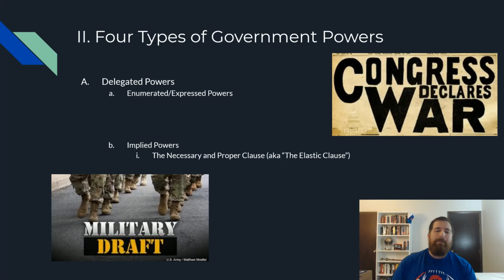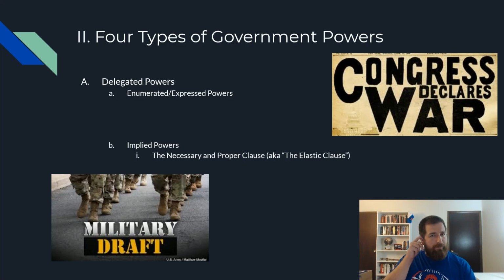An implied power that goes along with that is that Congress has the ability to declare a military draft, to draft individuals into the military so that it can fight that war. Nowhere within the Constitution is it written that Congress can declare a draft, but we believe that it is implied so that Congress does have the ability to carry out that power of declaring and waging war.